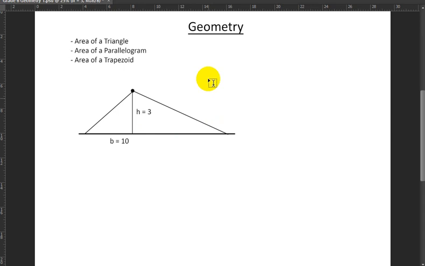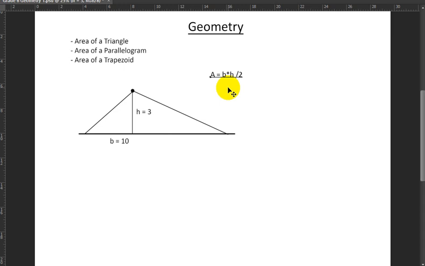And then in order to find the area of this triangle, I will be doing the following. The area of the triangle, let's symbolize that with an A, is going to be equal to the product of the base with the height divided by 2.